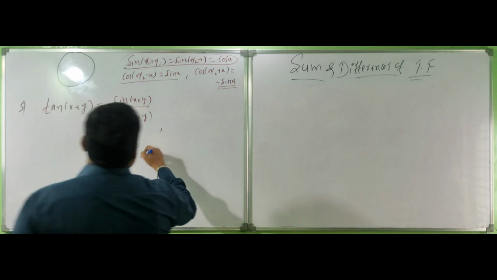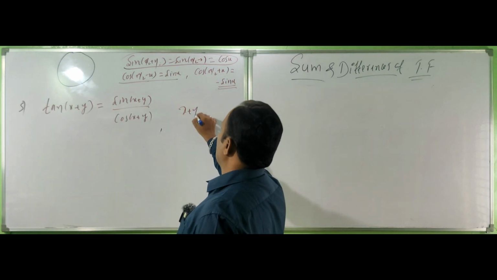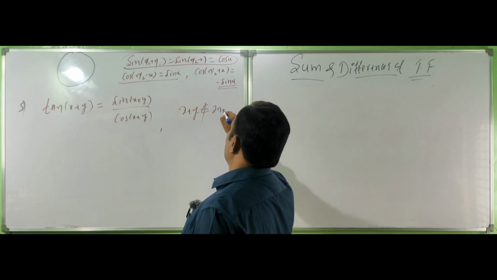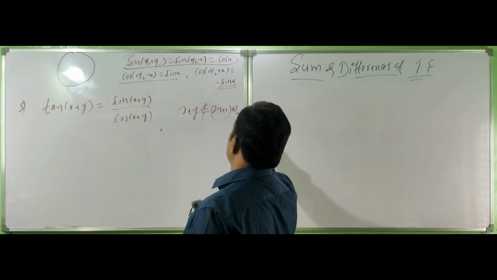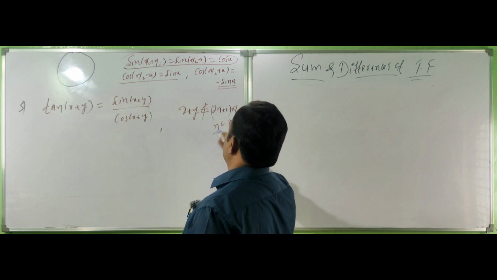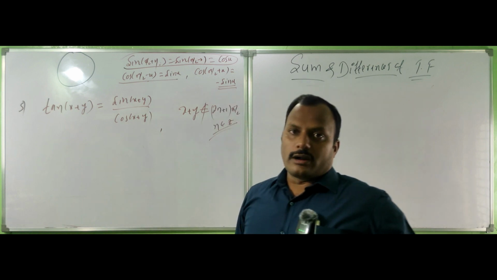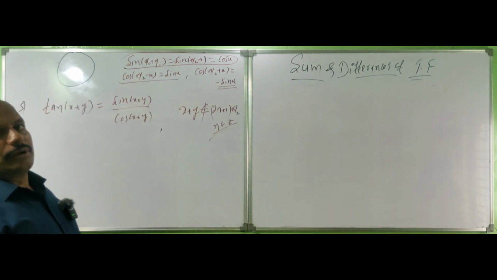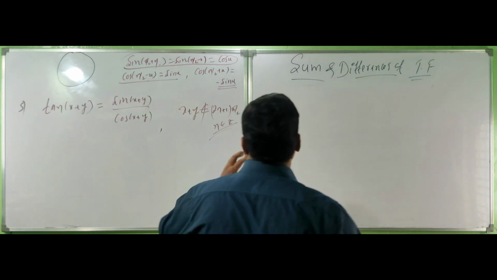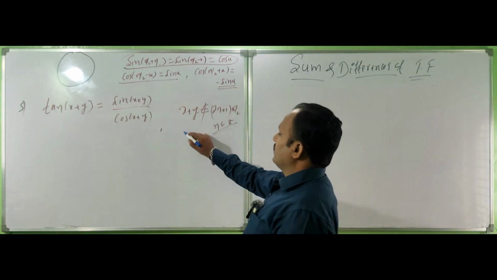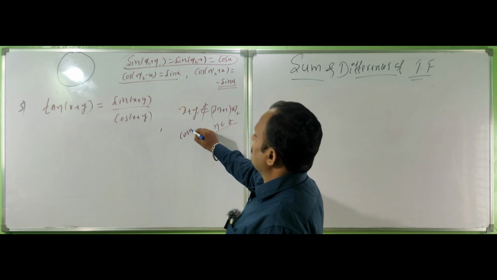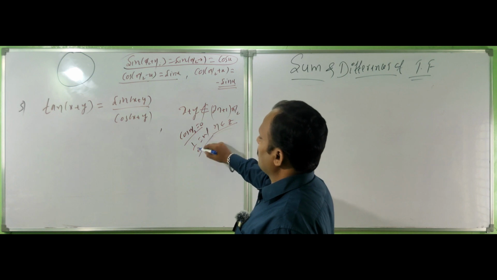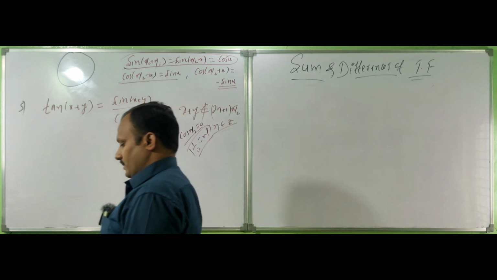So here x plus y does not belong to 2n plus 1 pi by 2, where n belongs to integers. So there should not be odd multiples of pi by 2. X plus y should not be an odd multiple of pi by 2, because cos pi by 2 is 0. So 1 by 0 gives indefinite, not defined.